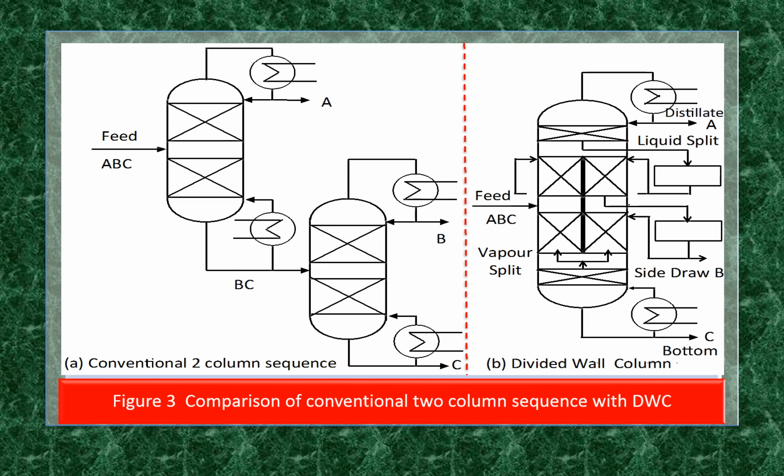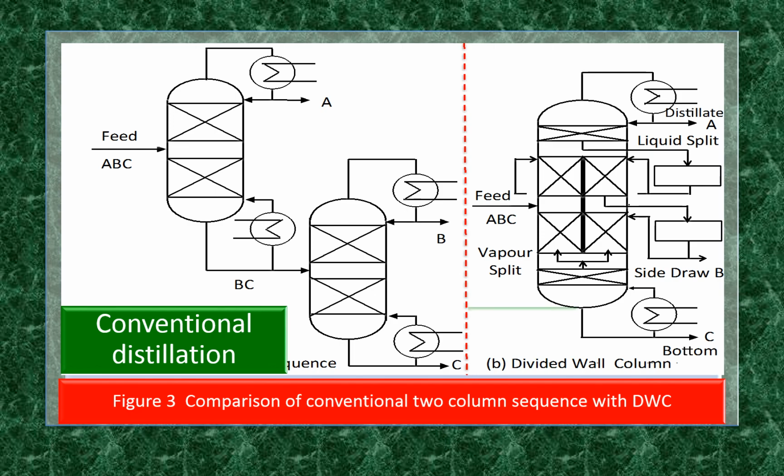This figure is an illustration of the difference between conventional distillation process and DWC technology. The DWC requires a single shell with a partition or a dividing wall that operates at one pressure. DWC is characterized by high pressure drop and high temperature differential from top to bottom.